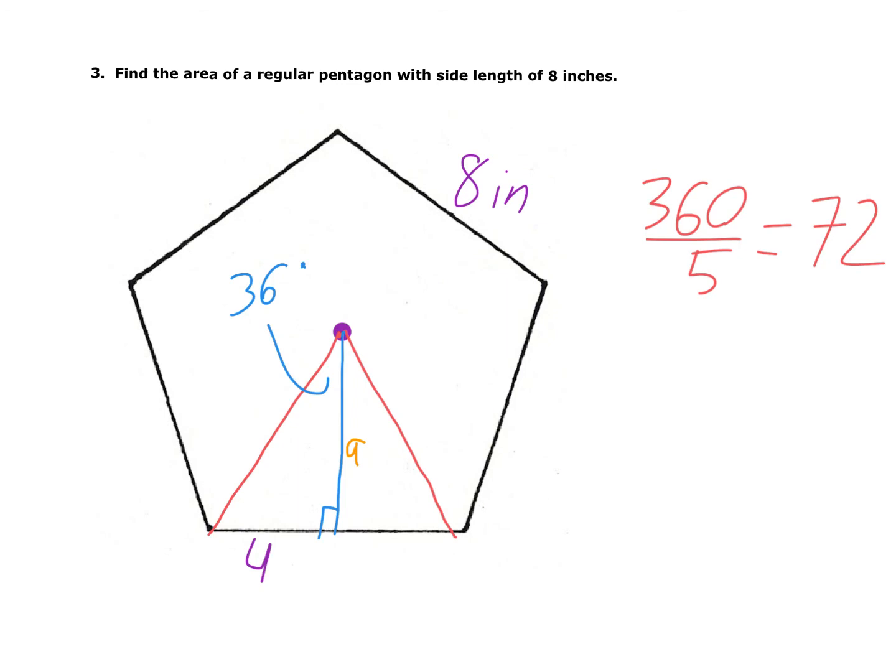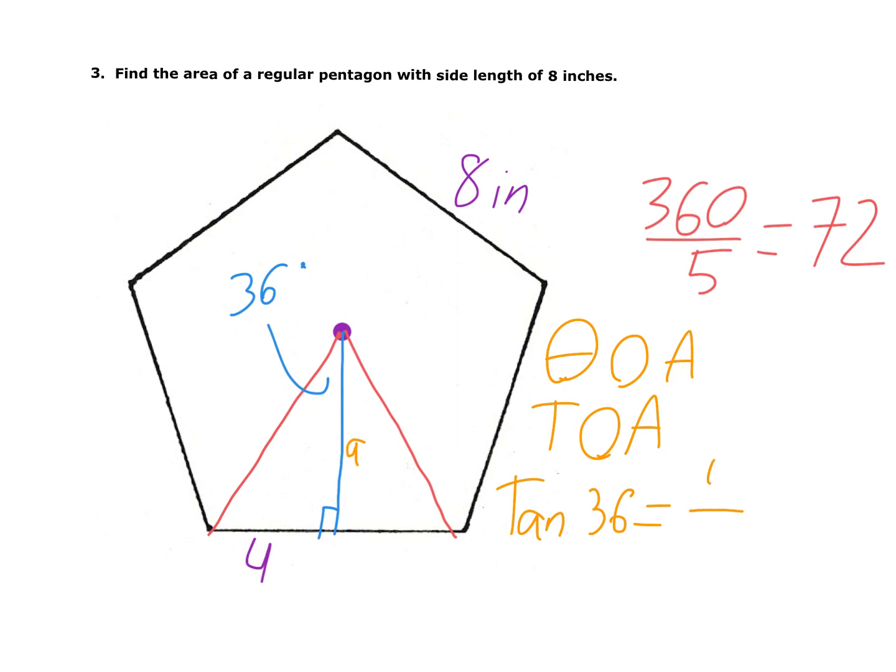Specifically, I have an angle, I have an opposite side, and I'm looking for the adjacent side. Well, that's basically going to be TOA. So my equation to find my apothem will start off as the tangent of 36 is equal to the opposite side of 4 divided by my unknown value of A.